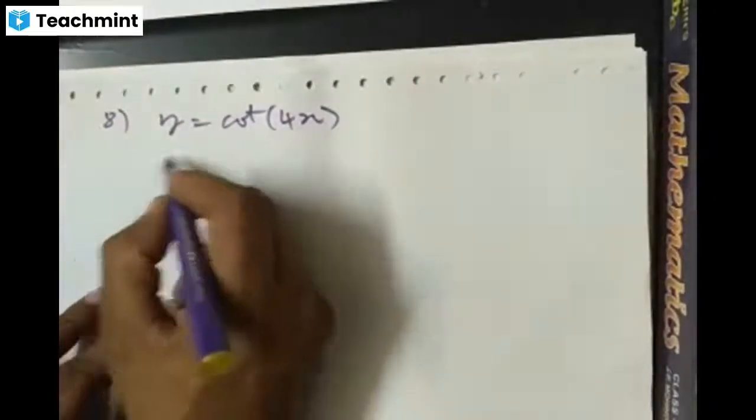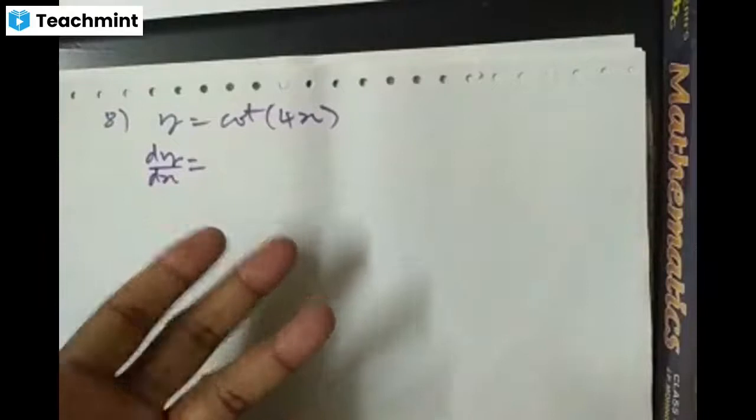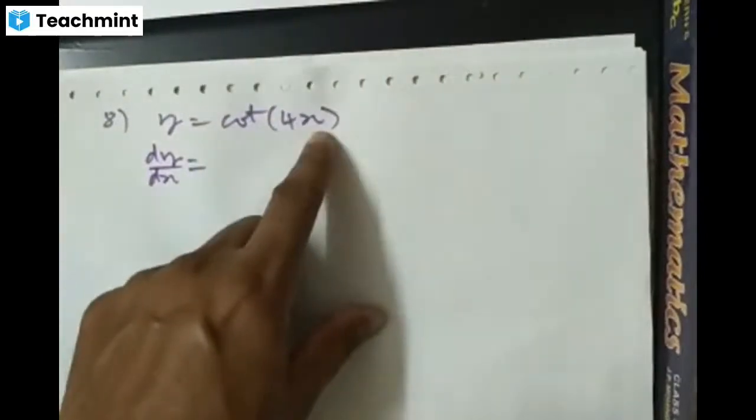So then dy by dx is equal to, what is the derivative of cot u, or you can say what is the derivative of cot x with respect to x? Derivative of cot x is minus cosecant square x, right? So just assume this as x or assume this as u.